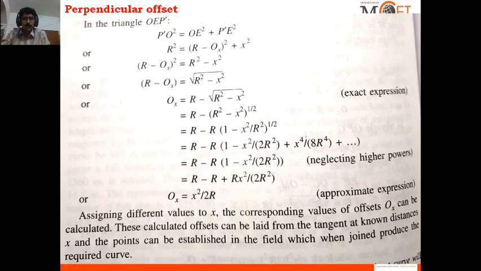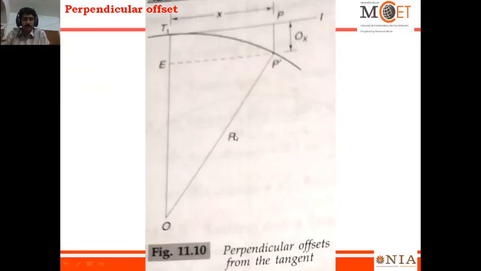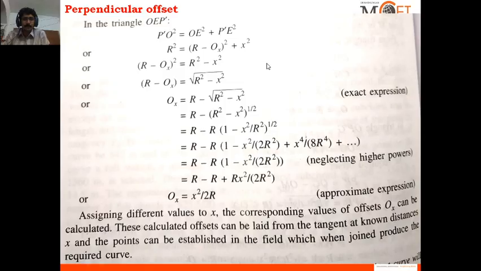P dash O square is equal to OE square plus P dash E square. That is again the Pythagoras theorem. So R square is equal to OE square plus P dash E square. P dash E is, again, you know, x.